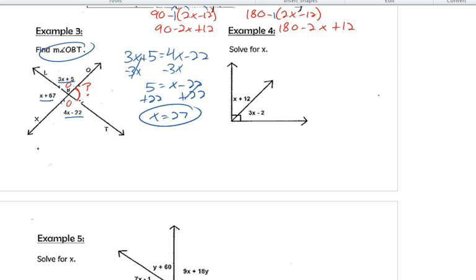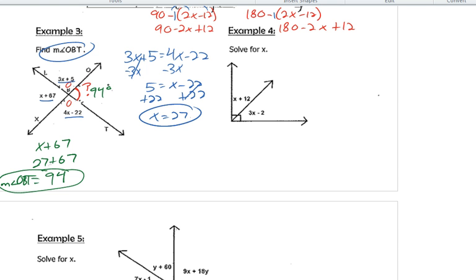So I'm going to say, okay, x plus 67 or 27 plus 67 is going to give me 94 degrees for measure of angle OBT. Okay, so this angle is 94 degrees. We can find the other three angles if we wanted to as well. That's the only one I'm asking for though.